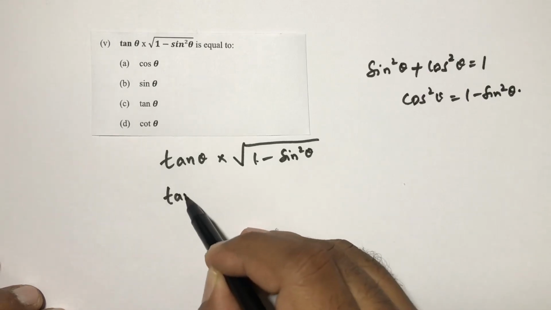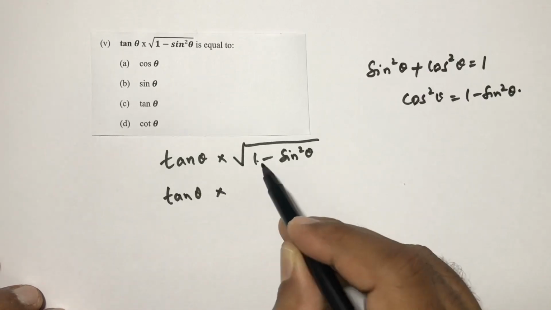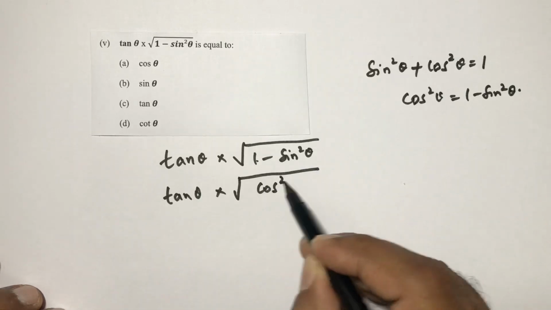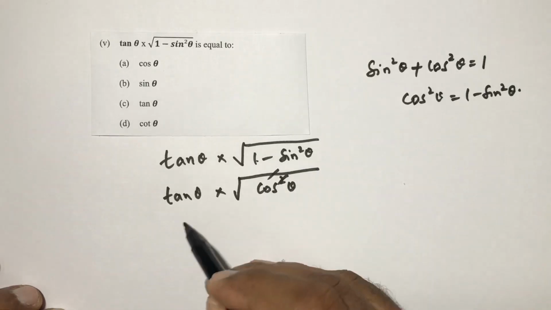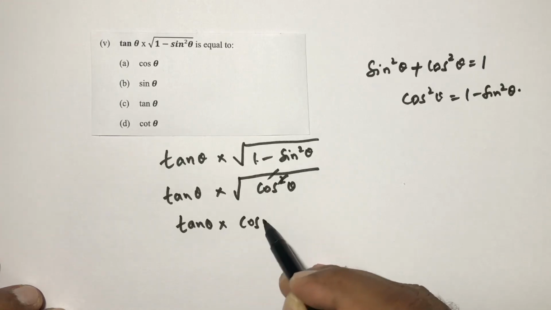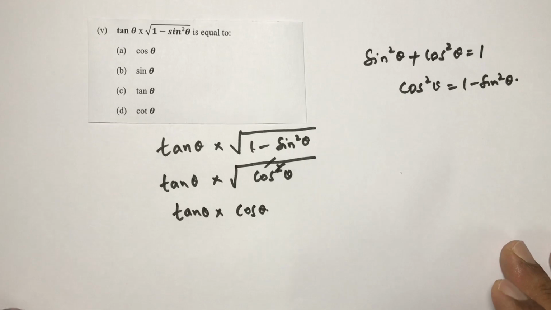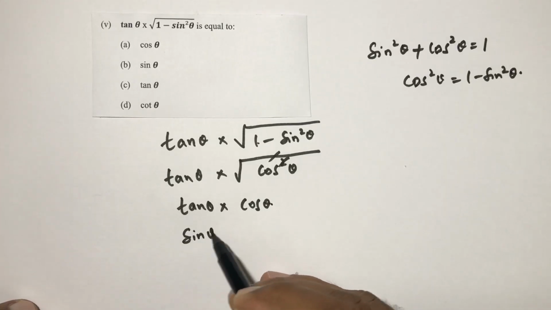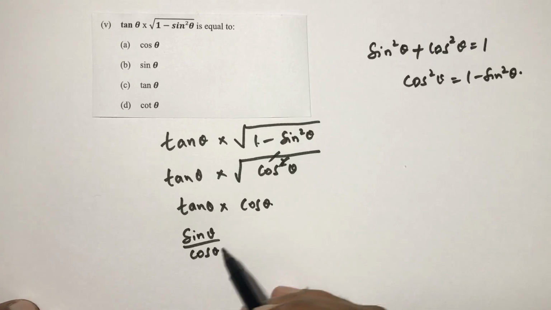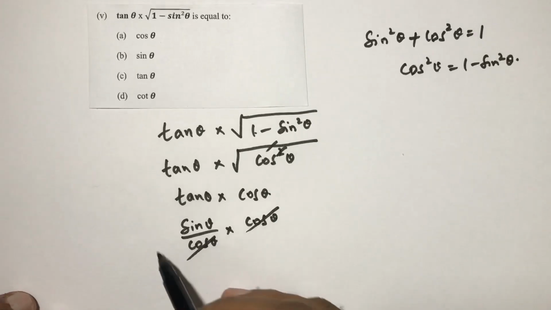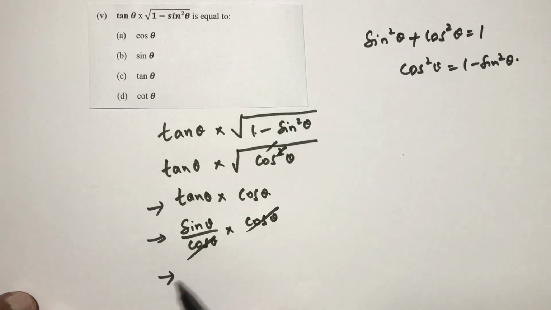So in tan theta under root 1 minus sine square theta, I can write 1 minus sine square theta as cos square theta. Square and root cancel, so you are left with tan into cos theta. Now if you write tan in terms of sine and cos, tan is sine by cos, into cos theta. So cos theta cancels, and you are left with sine theta.